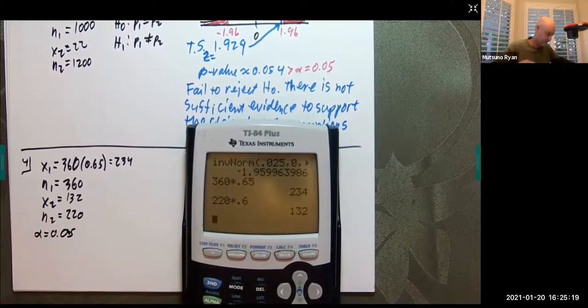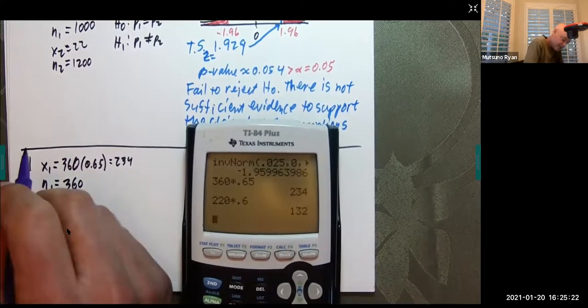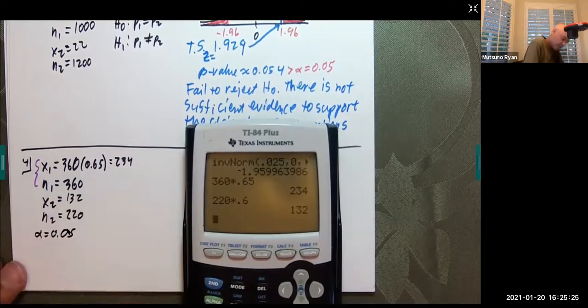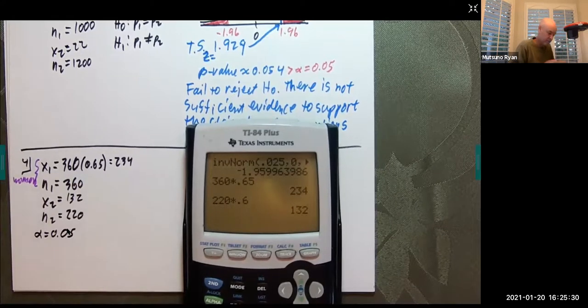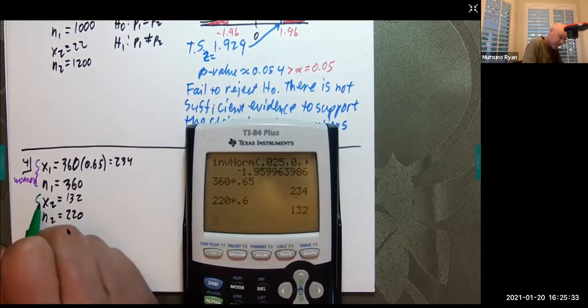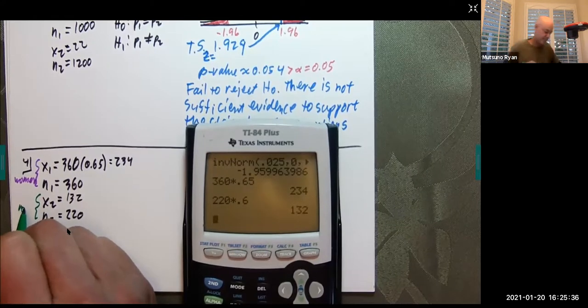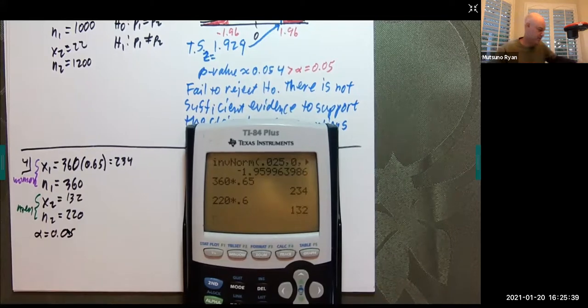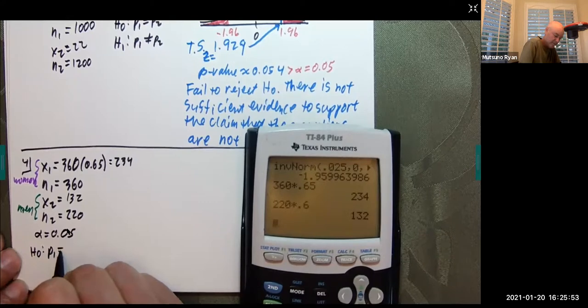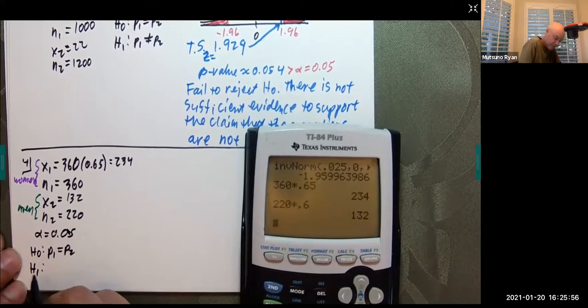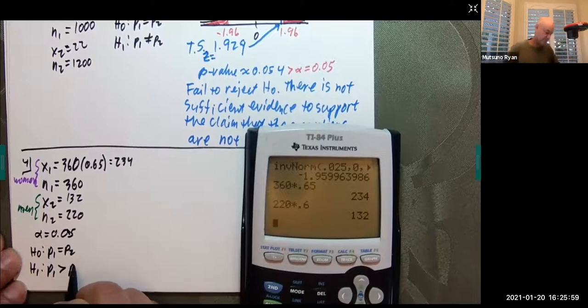And to be clear, the ones are women and these are the men. And let's see, it says test a claim that the proportion of women favoring stricter gun control, meaning they have a higher proportion, is higher than the proportion of men. So that's going to be P sub 1 is larger than P sub 2.